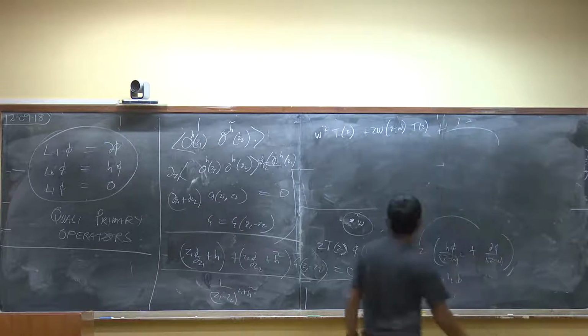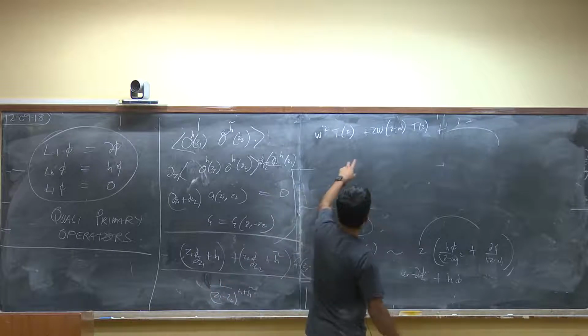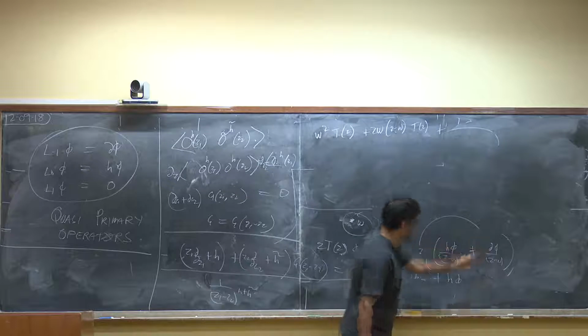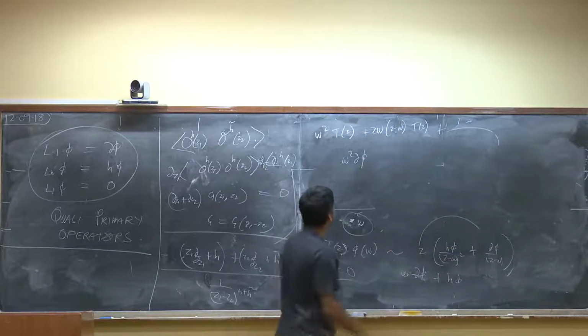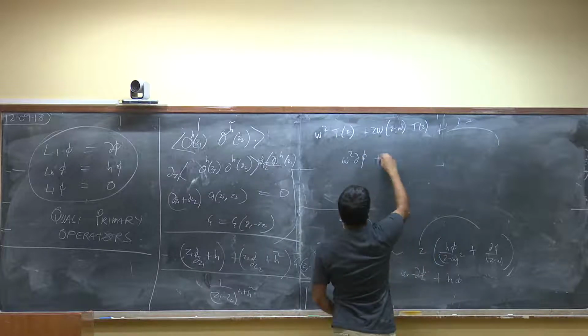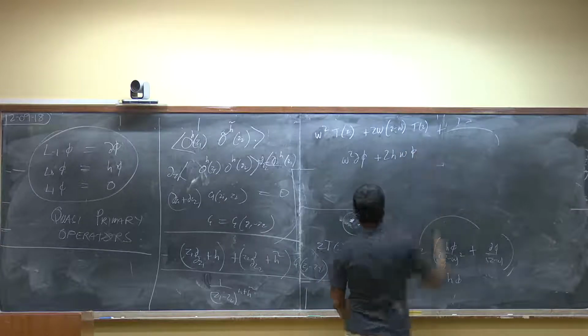It will not matter. Exactly. So we need to take these two terms. Now this guy with this guy gives us W squared del phi, and this guy with this guy gives us plus 2HW phi.